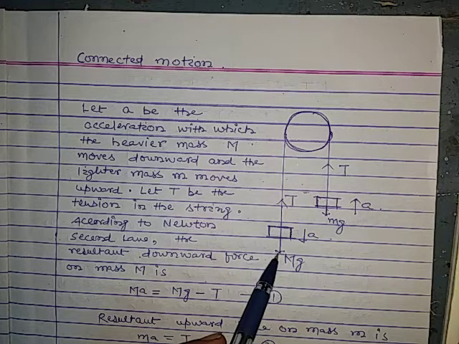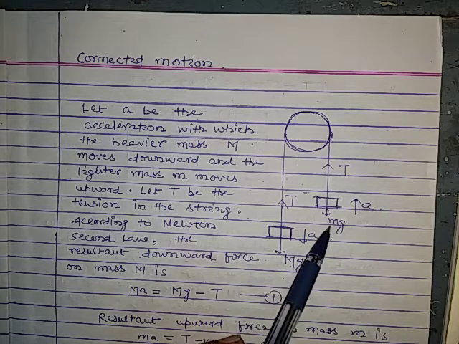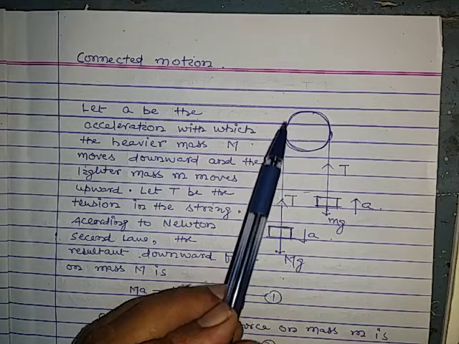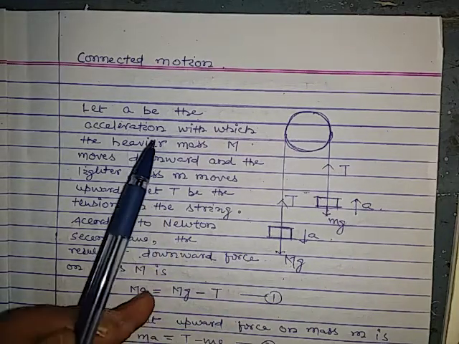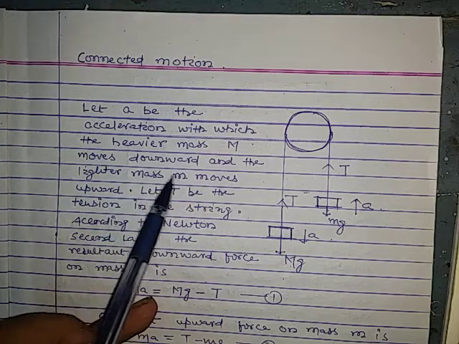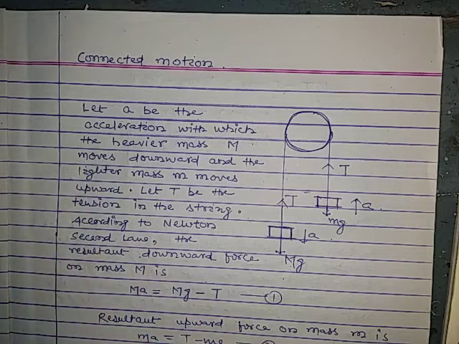M is the heavier mass, so it moves in the downward direction, and small m represents the smaller mass, which moves in the upward direction. a is the common acceleration.